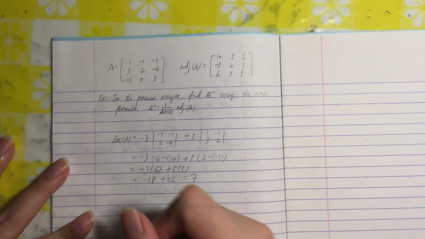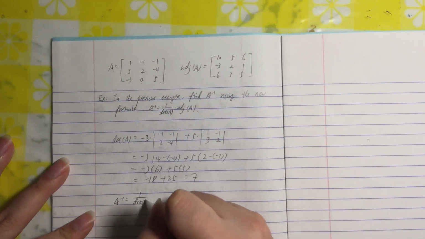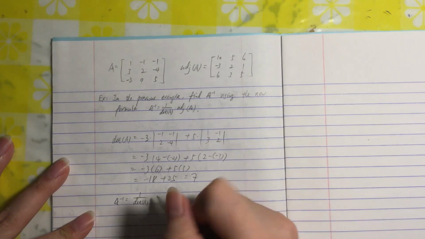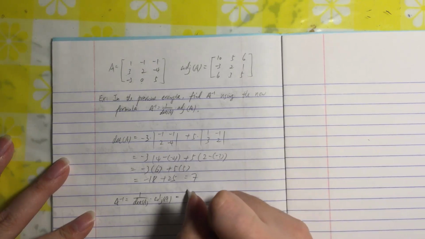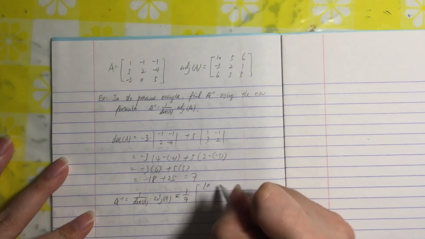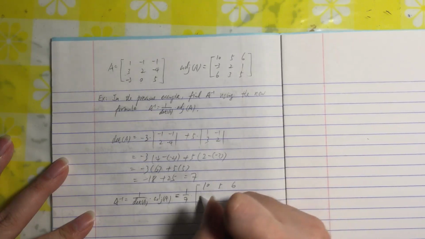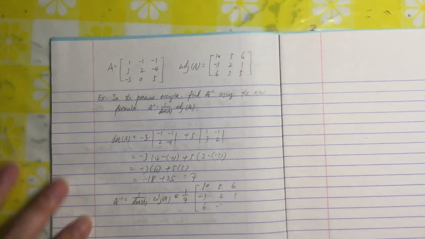And with the adjoint, for inverse of A, we do 1 over determinant of A times the adjoint, which is 1 over 7 times the adjoint 10, 5, 6, negative 3, 2, 1, 6, negative 6, 3, and 5.